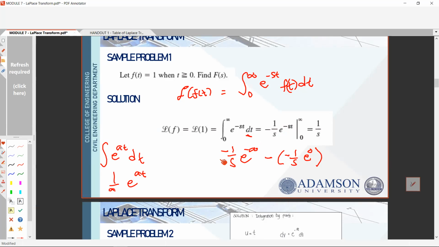Then, take note of this one. Any number divided by a very large number is approaching to 0. Alam niyo naman yun, di ba? For example, infinity is a very large number.